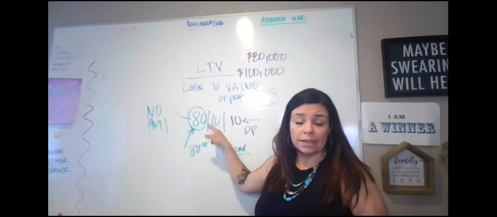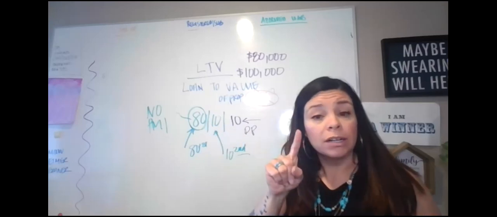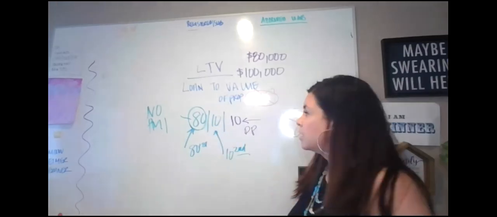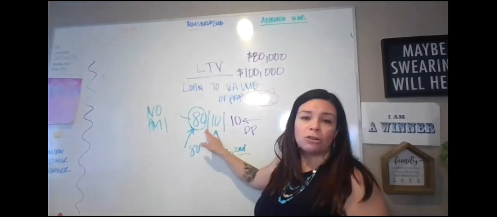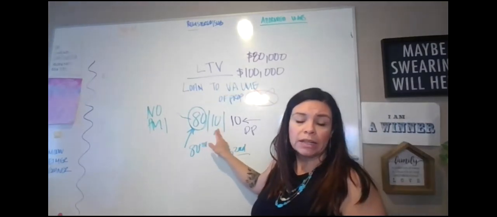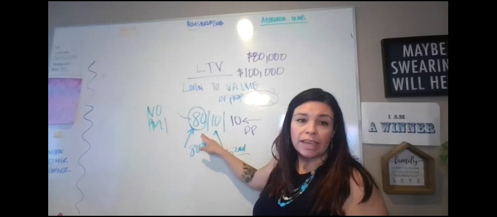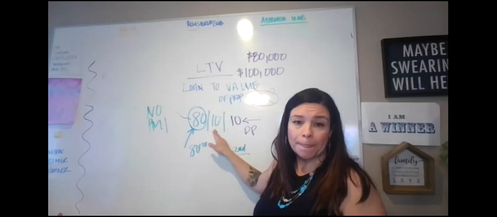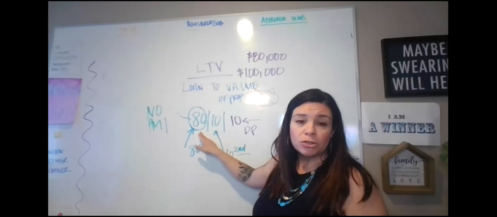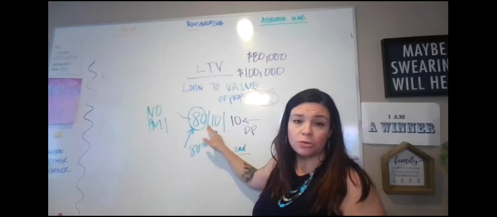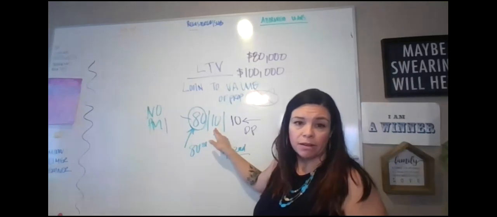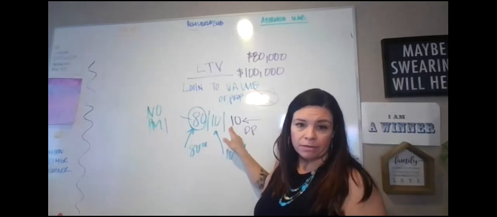So if you have a debt to income issue or a 90% loan is more than your county loan limit, you would do the maximum county loan limit on the first and do the rest of it on the second, minus their down payment.